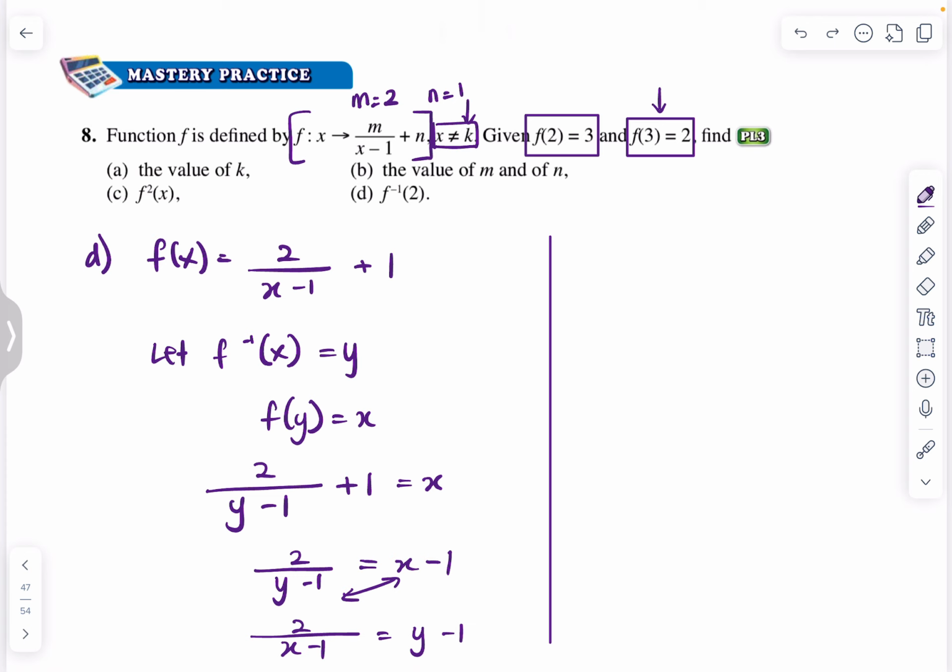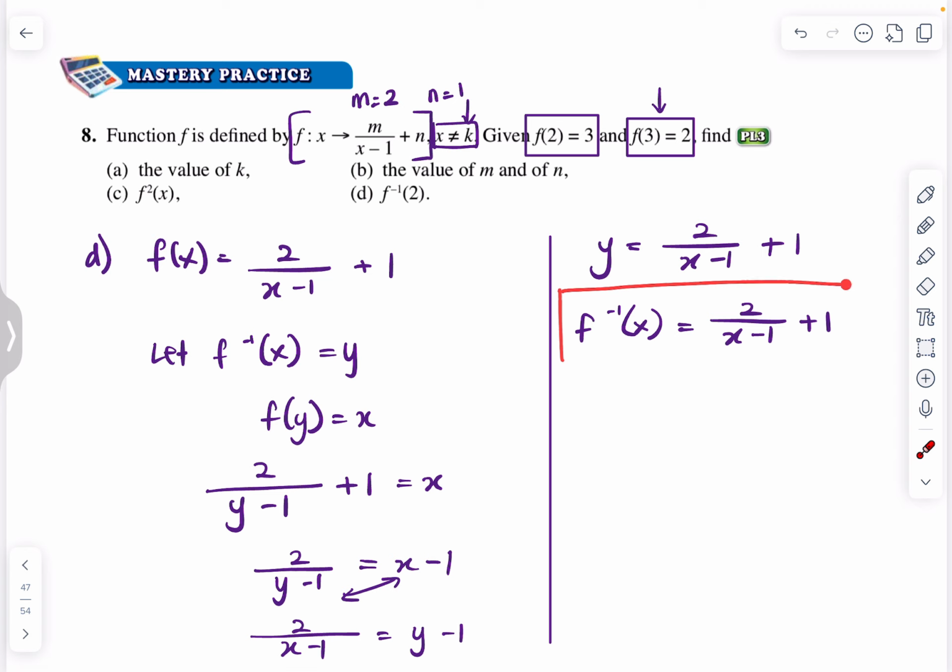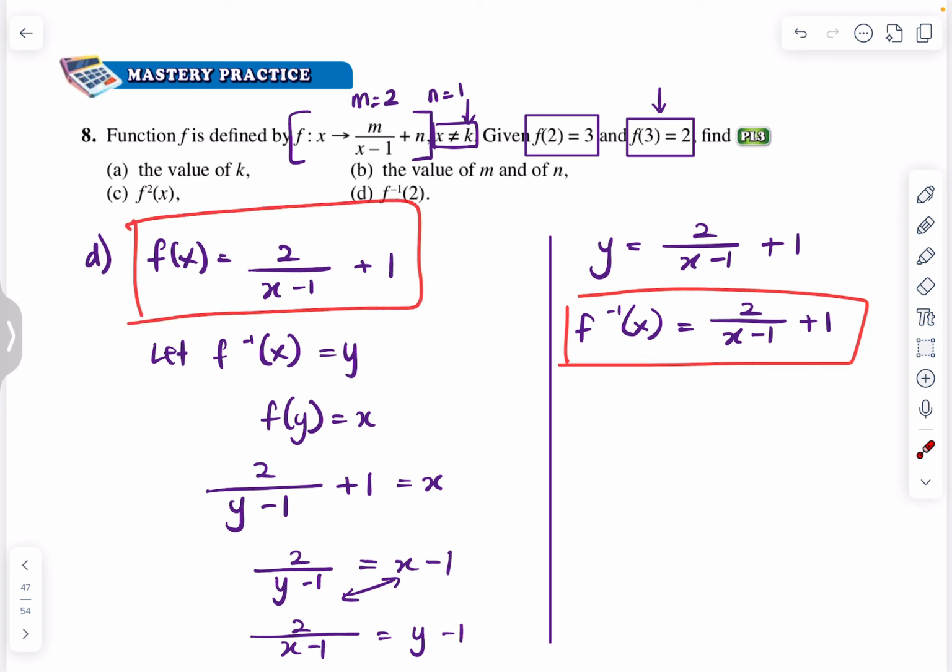So y equals 2 over x minus 1 plus 1. So this is our f inverse x. If you realize, this is also the same as f(x). So the f inverse x and the f(x) are the same.